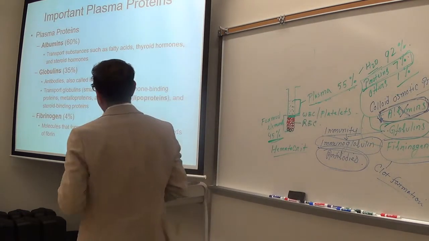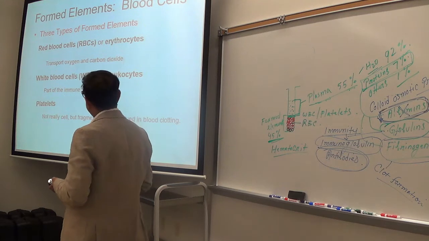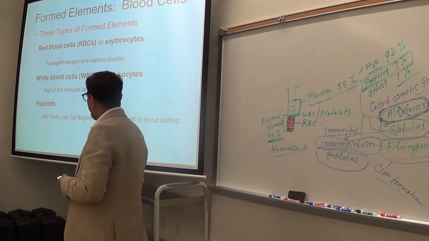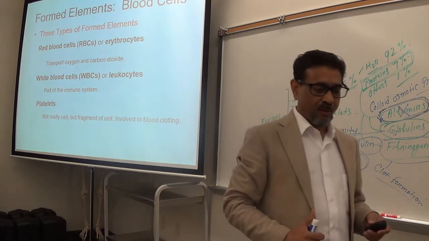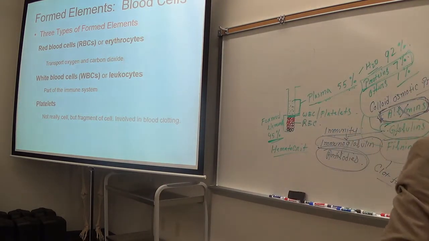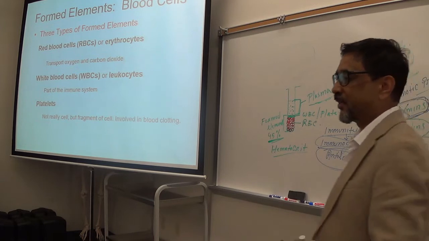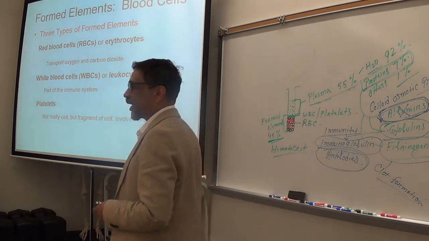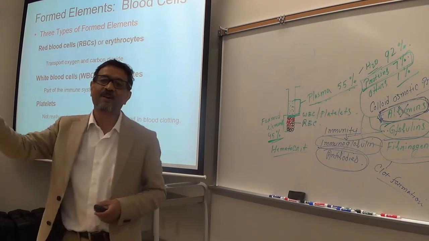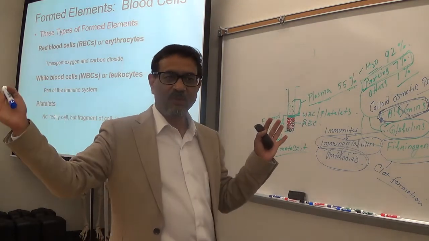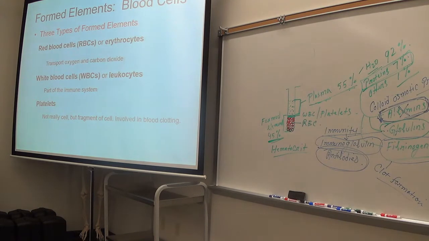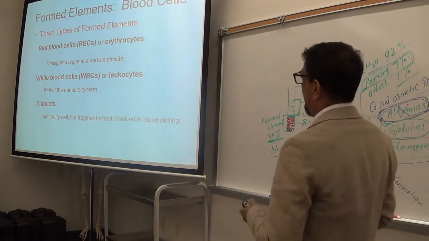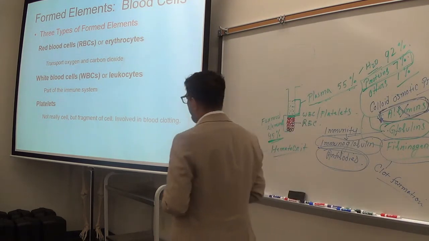We have talked about three types of plasma proteins. Now, the three types of blood cells. Red blood cells are also called erythrocytes. Erythro indicates red colored, cyte means cell. So red colored cell, make sense? Erythrocytes, red blood cells, or RBC. White blood cells are also called leukocytes.